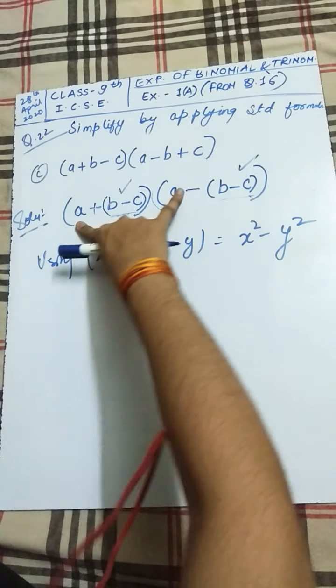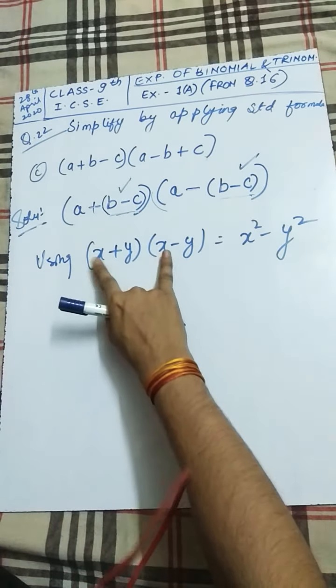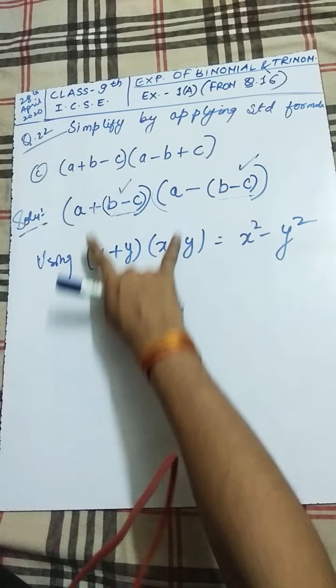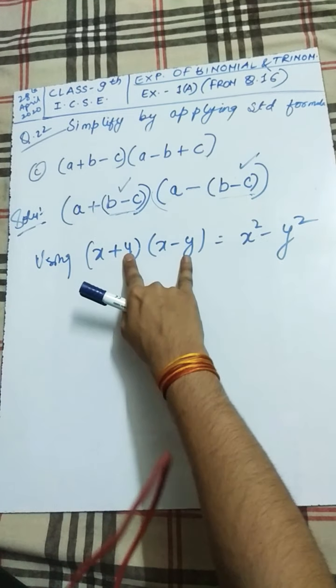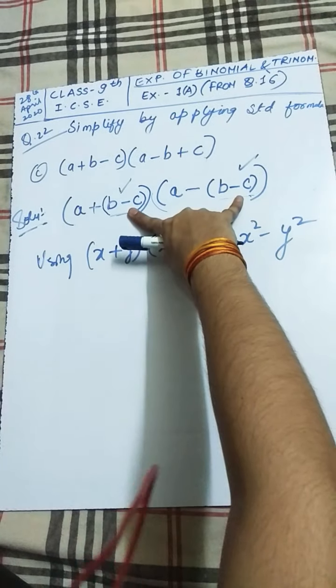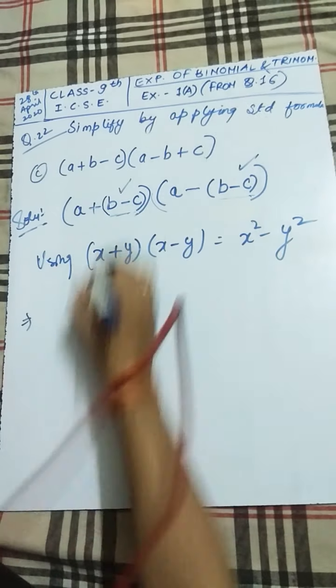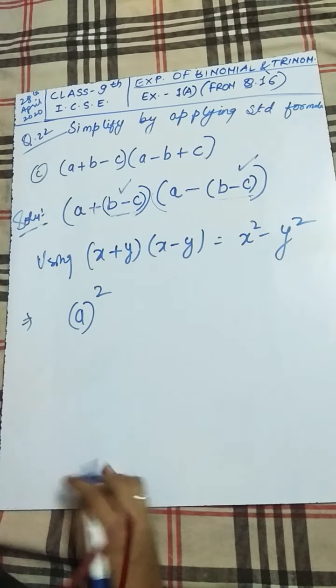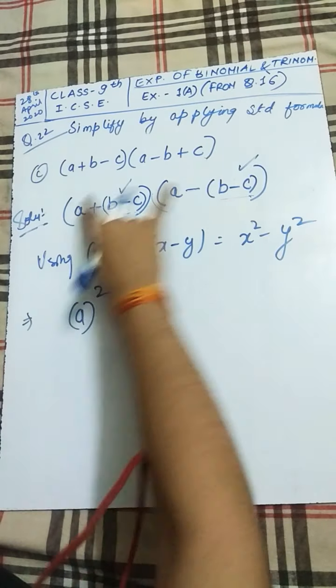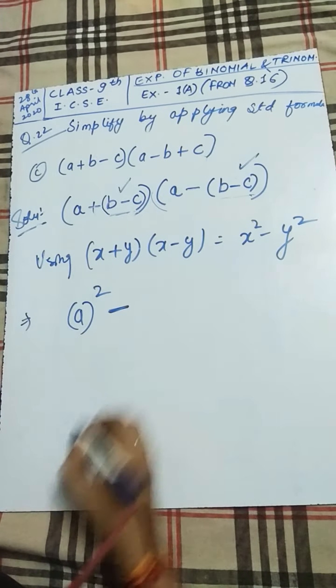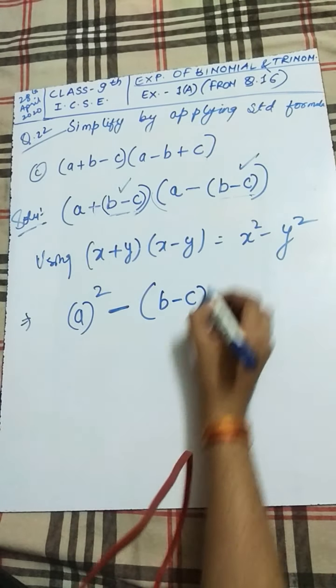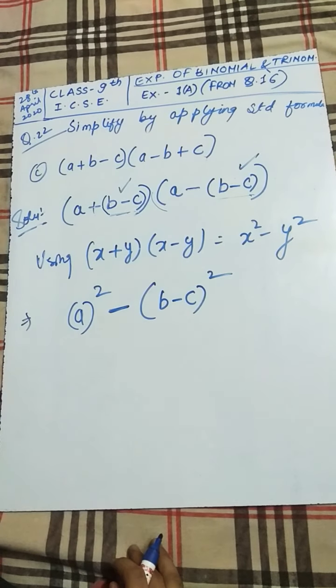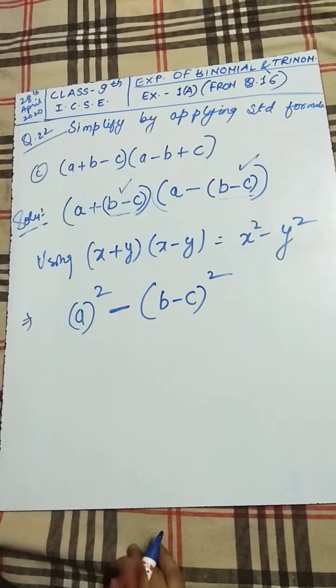Your x is a, and y is b minus c. So it will be a square, that is x square, a square minus b minus c whole square.